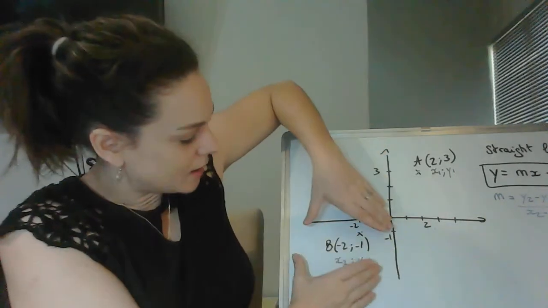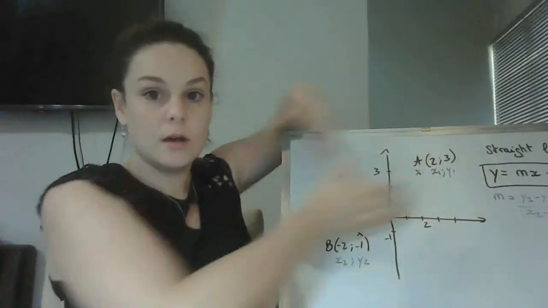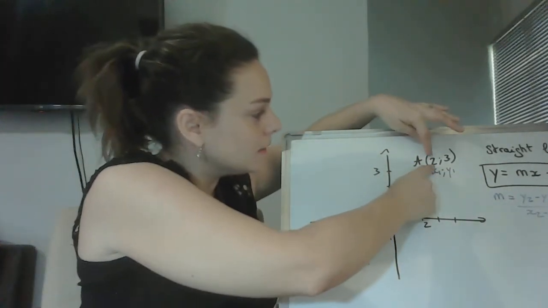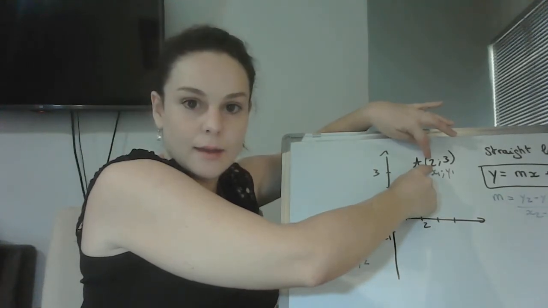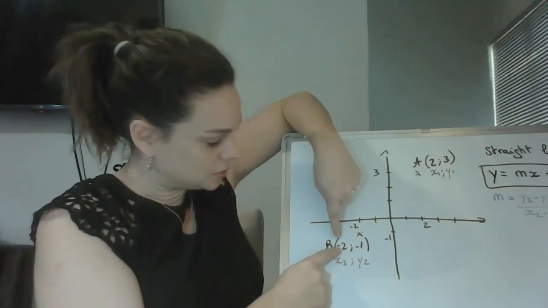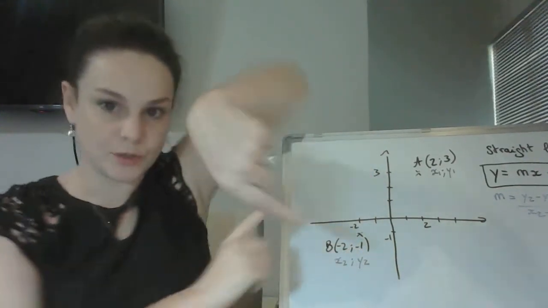You can take this one as number 2 and this one as number 1, or the opposite, doesn't matter, but the x1 here corresponds to the y1 of the same point, and the x2 here corresponds to the y2 of the same point. That's what's important.